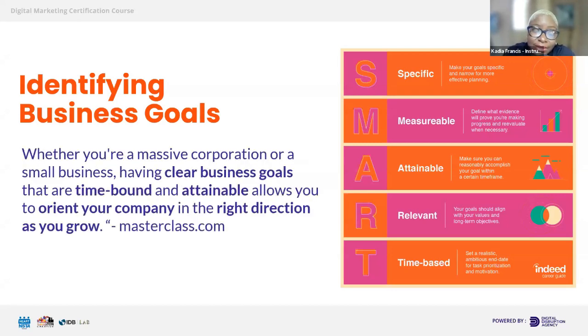Having clear business goals that are attainable and time-bound and specific and all of those good things allows you to orient your company in the right direction as you grow, right? And so that's where the whole theory of SMART goals comes from.